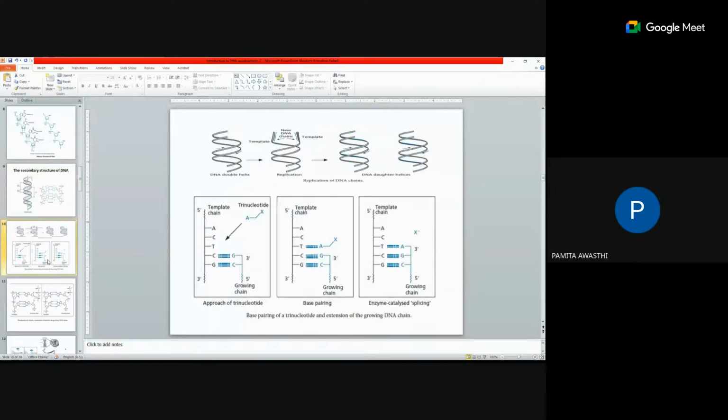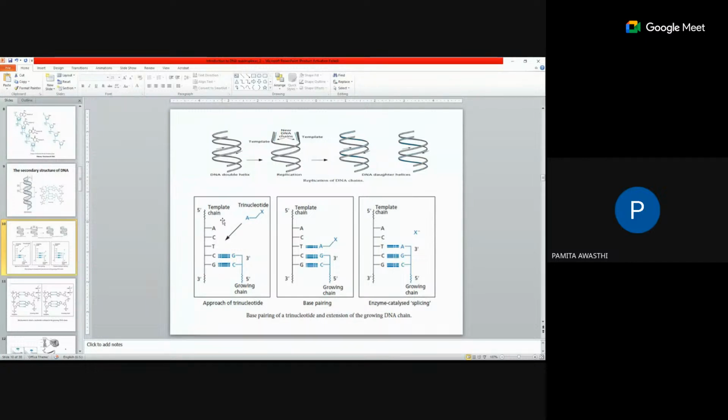Further, regarding the passing of information, it is now possible to see how replication of the genetic information happens. If the double helix untangles itself, a new chain is constructed on the original chain; in other words, the original chain acts as a template for the construction of a new and identical double helix.